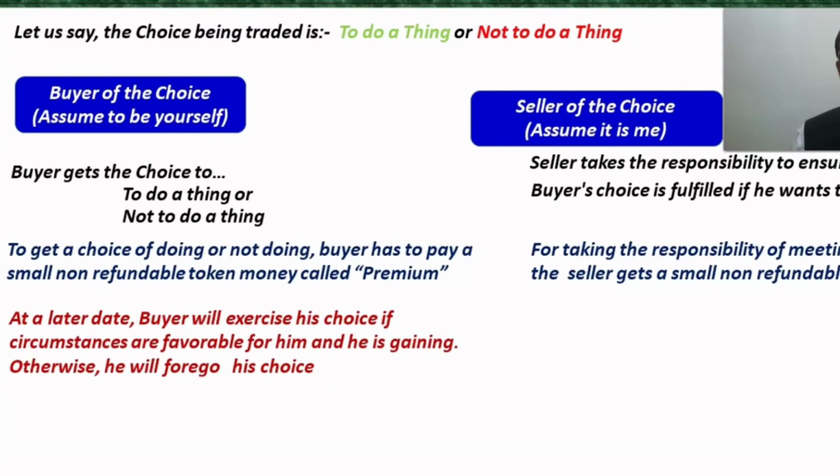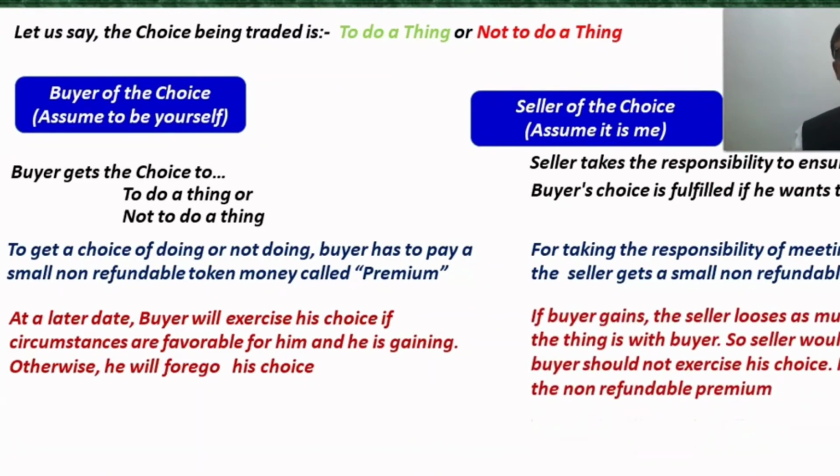If you are losing, then you will not exercise your choice. You will say, I don't want to do the thing. I have the choice of not doing it. So I will not do the thing. Isn't it? Only if you are gaining something out of it, you will exercise the choice. Otherwise, you will forego your choice. Isn't it?